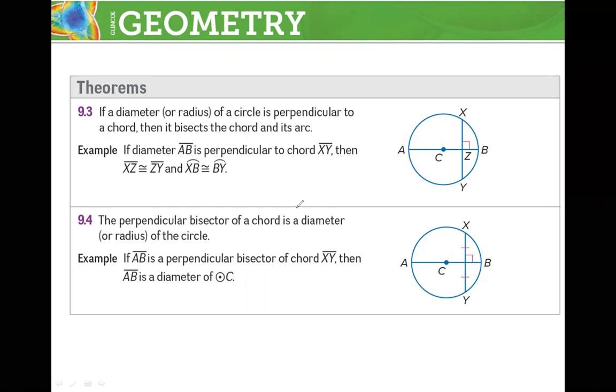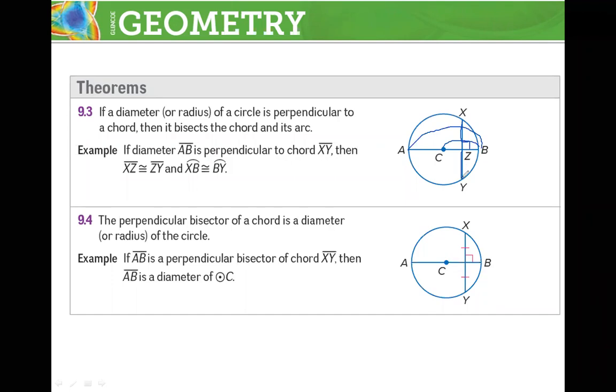its arcs. On the drawing, we have a diameter, which is AB, or maybe the radius, which is CB. If this diameter or this radius is perpendicular, it means this angle is 90 degrees, perpendicular to a chord. This chord is XY.